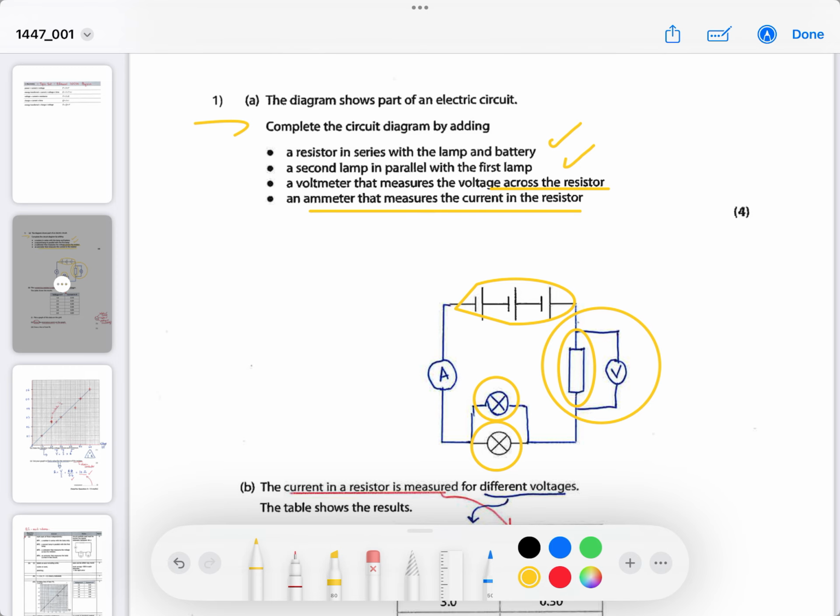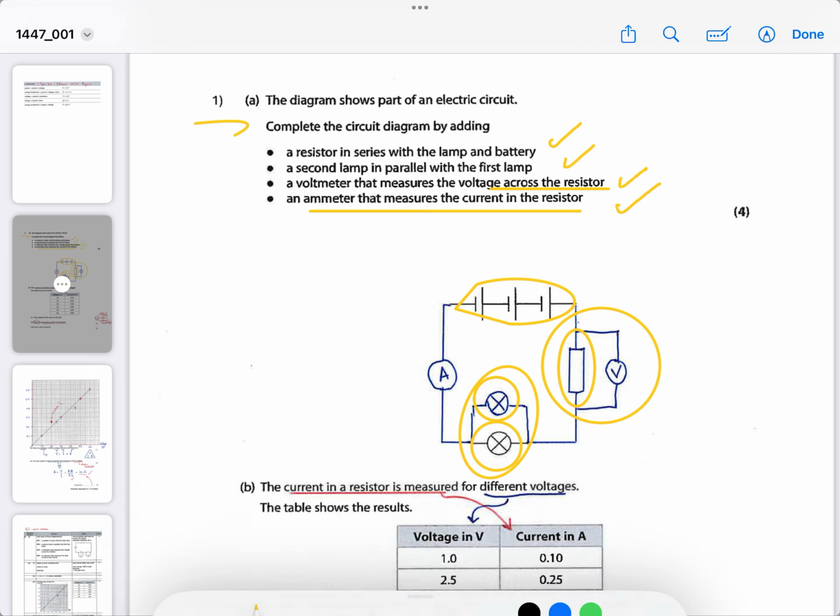So that will be anywhere in the circuit except for where the current is split between the 2 bulbs. Because when it's split, it will not be the current that goes through the resistor, which is the total current. Okay, so that will get you the 3rd mark, and here will get you the 4th mark. Hope that makes sense.